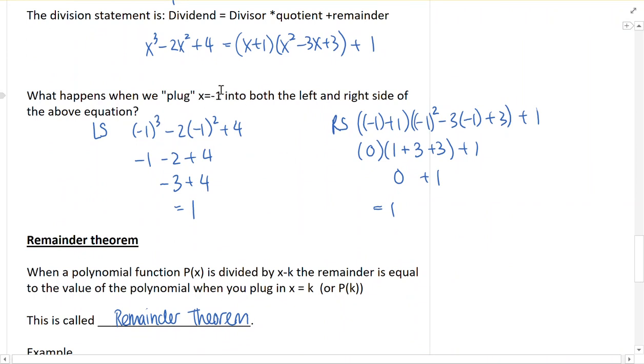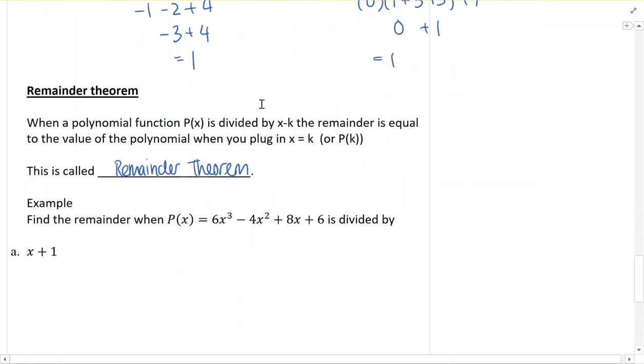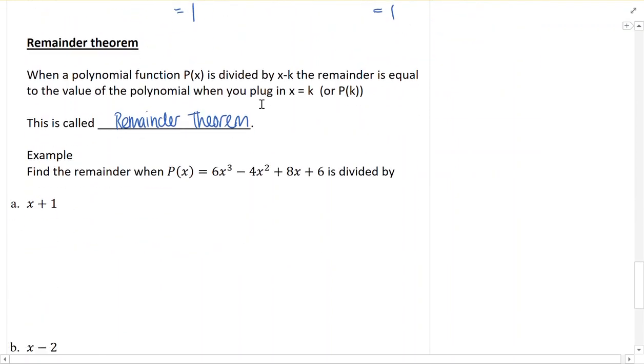So the divisor is here, and if you think of it as x minus k, then k must equal negative 1. If we put that negative 1 back into our equation, we see that the output is our remainder. Let's try this in a couple of examples now.